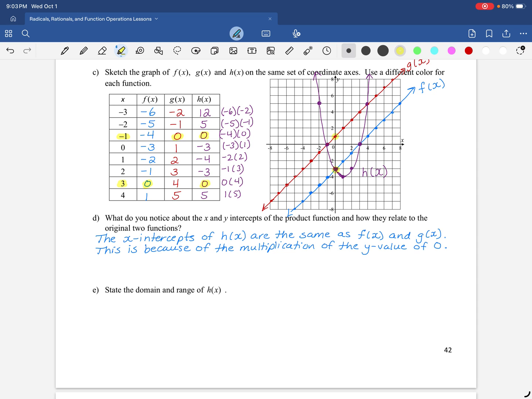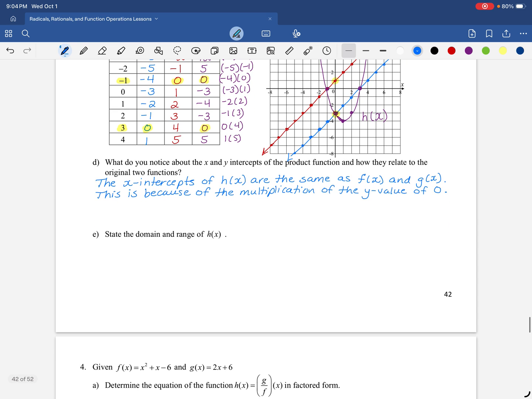But let's pretend function g had a y-intercept of 2. Then if you took the 2 and multiplied it by the negative 3, your product function h would have had a y-intercept of negative 6. So it just so happened that this one was sharing, but the only reason it worked that way is because of how the multiplication of the two original y-intercepts actually worked.